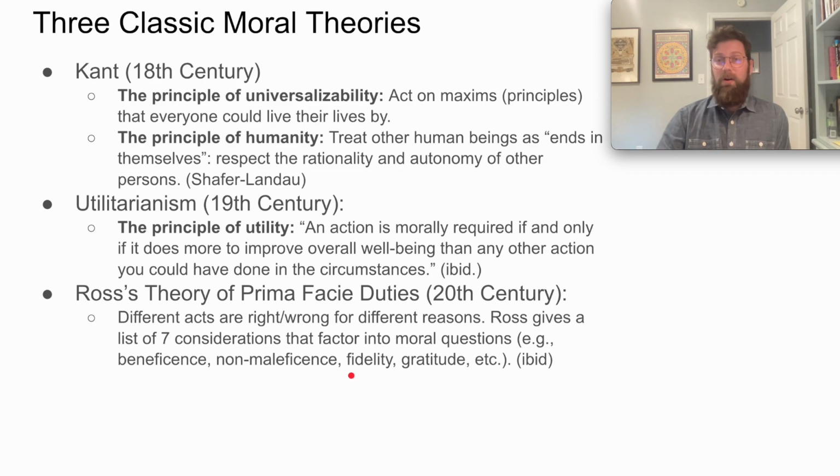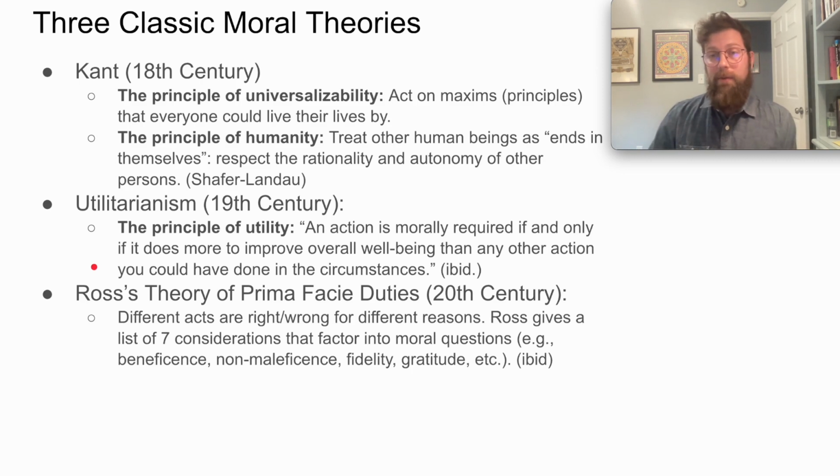It would be wrong to break a promise out of convenience, but we don't want to explain the wrongness of breaking a promise as fundamentally the same thing as hurting somebody. And on Ross's theory, he ultimately works it out that there are 7 kinds of reasons for an act's being morally wrong.